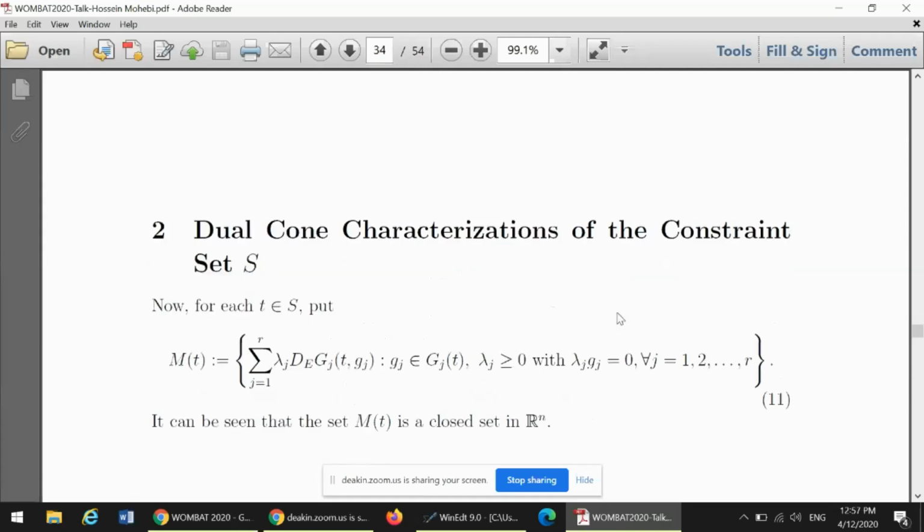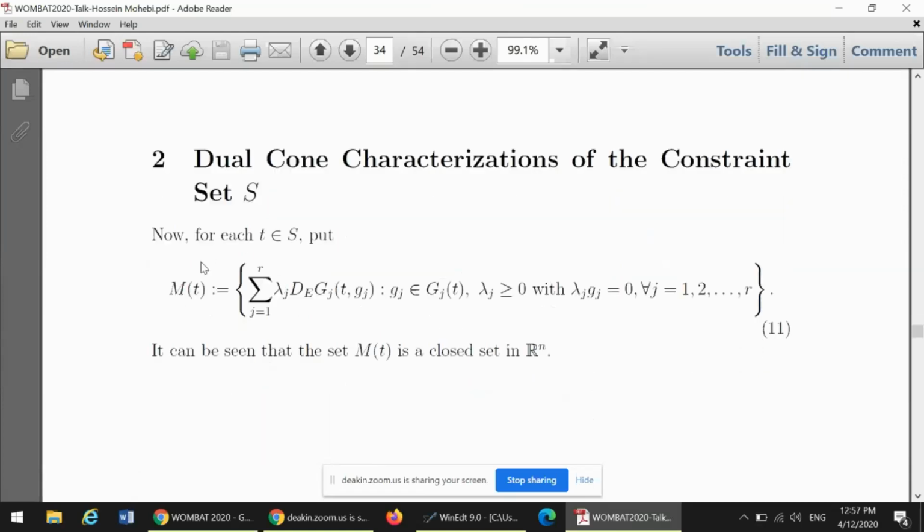Now we give dual cone characterizations of the constraint set S. For this, let T be a point in the constraint set S and define M of T by this set. This set is a cone, but not convex.